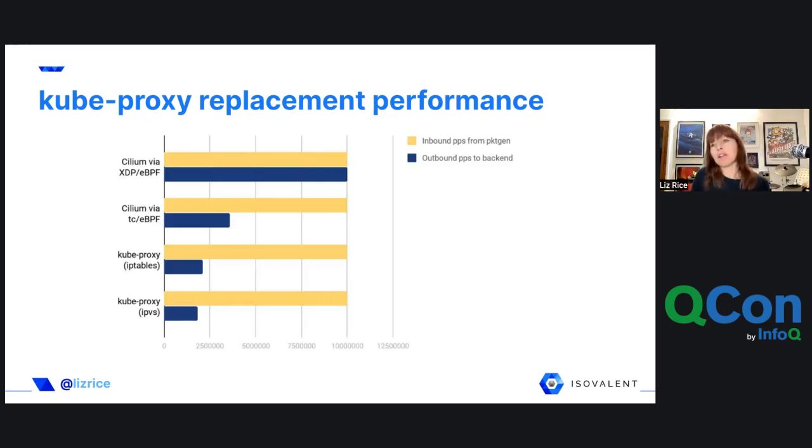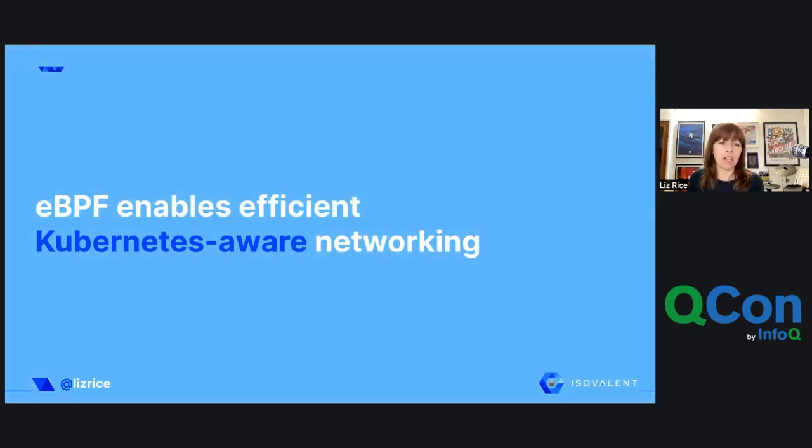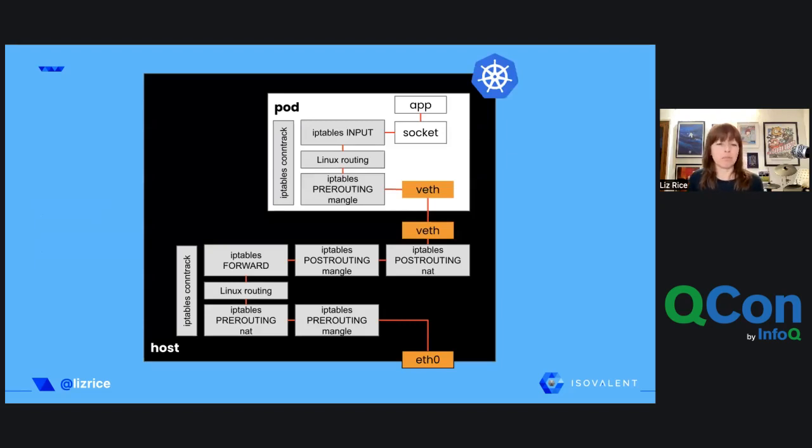And I want to now dive a little bit more into why eBPF can enable this really efficient networking, particularly in Kubernetes. So in that previous diagram, I just showed the kernel network stack as one box. The networking stack is pretty complicated. Typically, a packet going through the kernel's network stack goes through a whole bunch of different steps and stages as the kernel decides what to do with it.